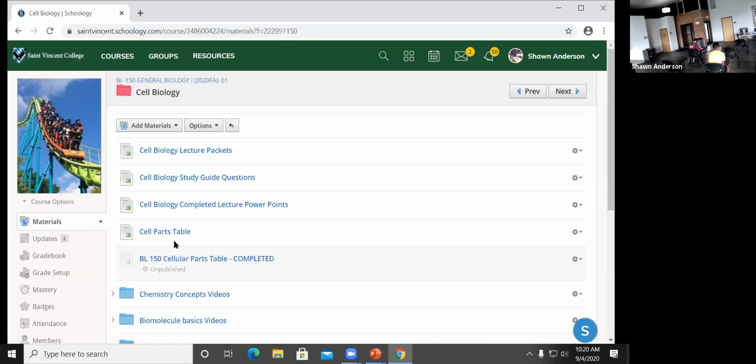There is a link called cell parts table. Complete that over the weekend. We're going to blow through that thing on Monday. We're going to finish lipids, and then we're going to move into the cell parts. We're going to start talking about the cell, which means we're going to start diving into note packet number 2 on Monday.